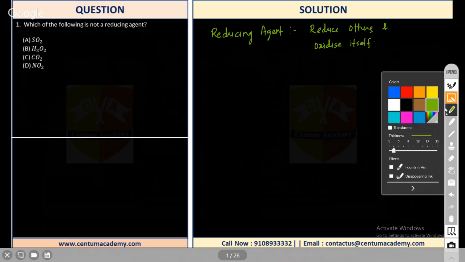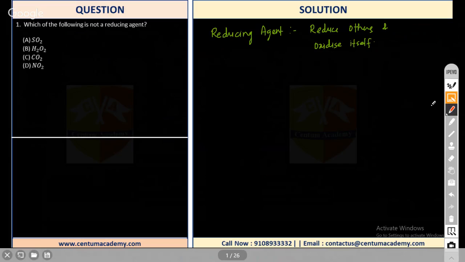So when oxidation takes place, it means the element or the compound should go under oxidation. When oxidation takes place, what happens? Oxidation state increases.